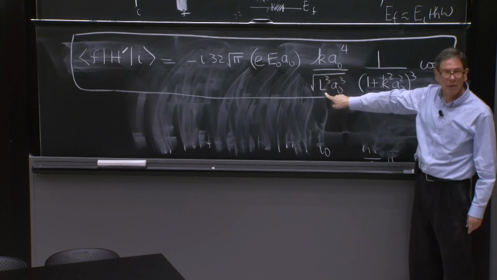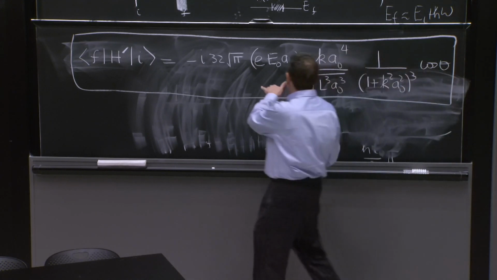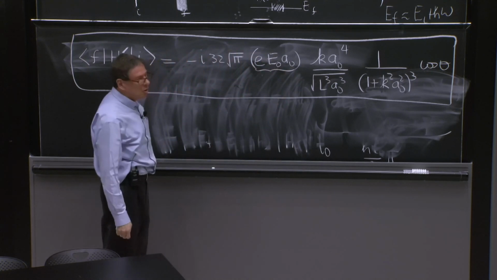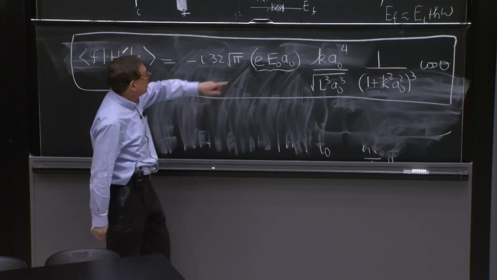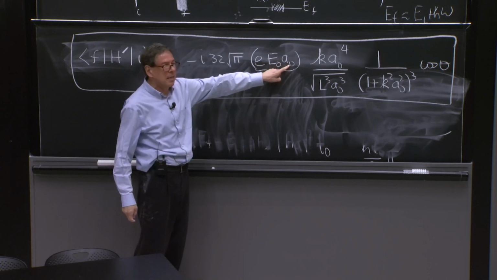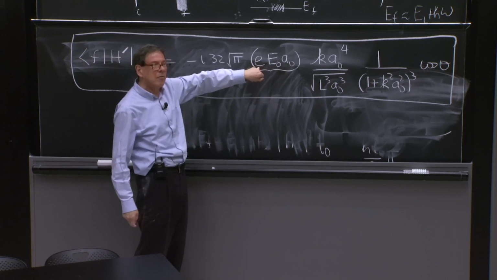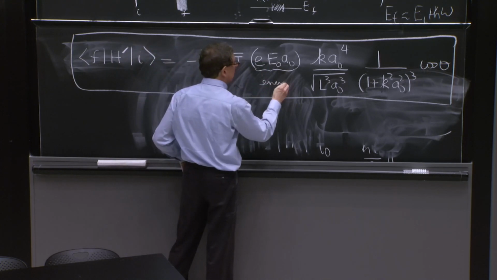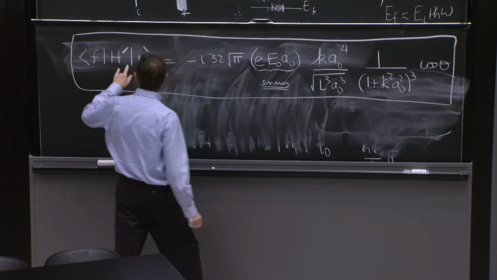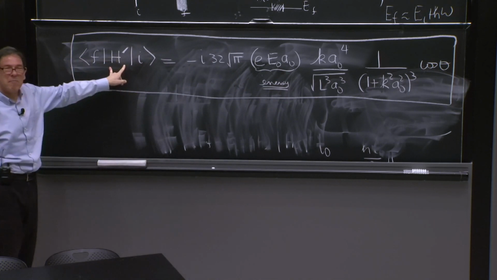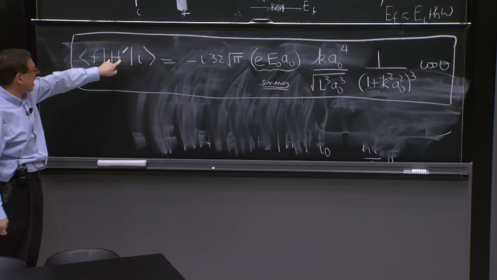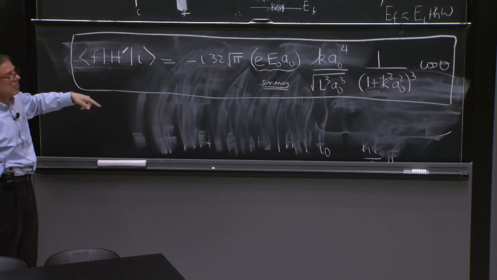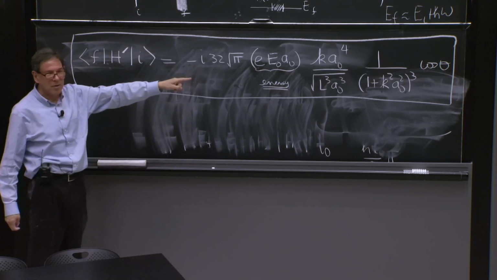No units here either. Here, nice units. This is units of energy. Why? Electric field times distance is potential, times electric charge is energy. So this is how this should be. The matrix element of an energy between normalizable states should be an energy, and that has become clear here.